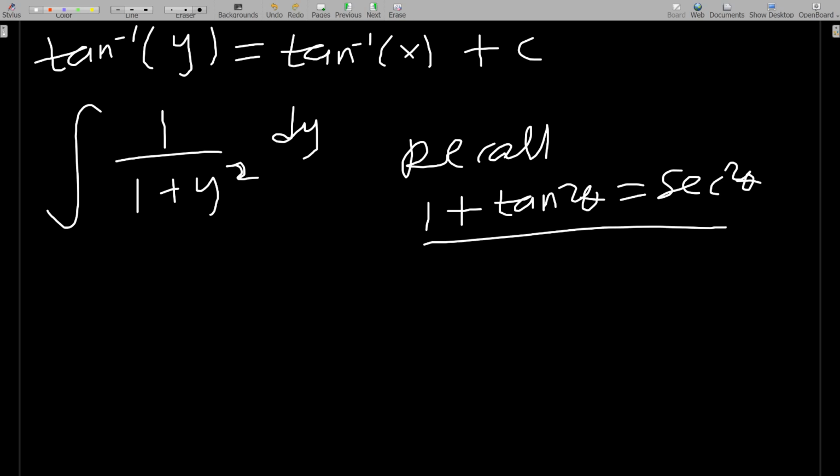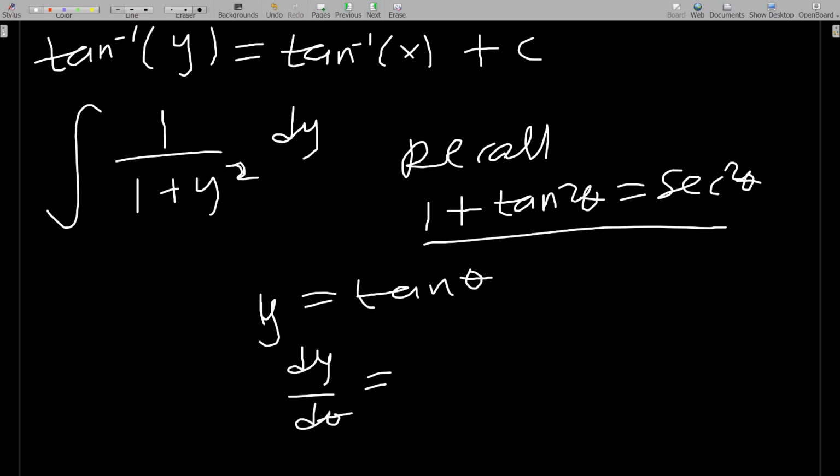So you let the y that you have here be equal to tan theta, and then when you differentiate tan theta with respect to theta, I get sec squared theta. Then you make dy the subject, meaning dy will be equal to sec squared theta d theta, and you put them here.